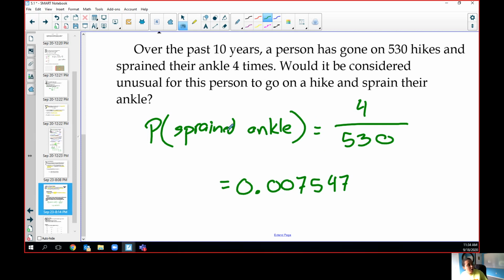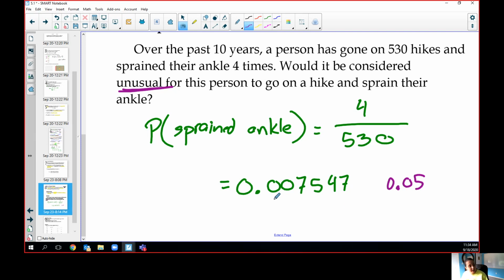But we're not quite done. This is the probability that we're going to sprain our ankle on a hike, but they want to know if it's considered usual or unusual. So we compare this number to 0.05.